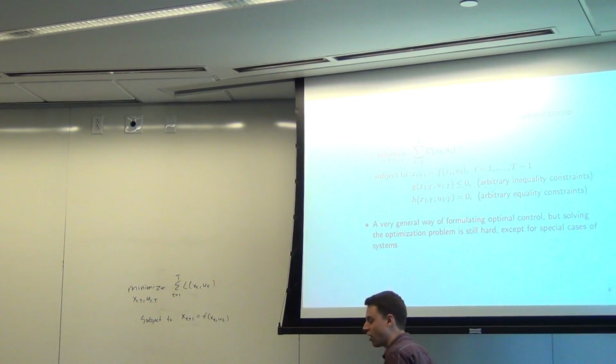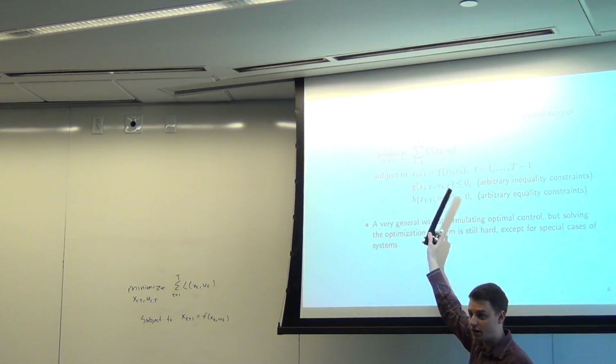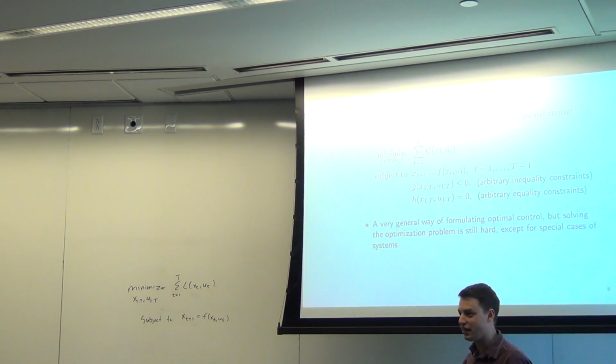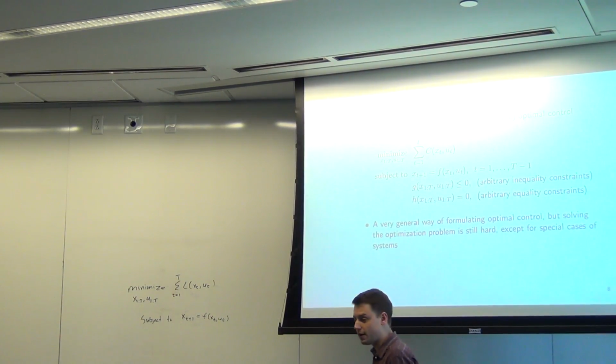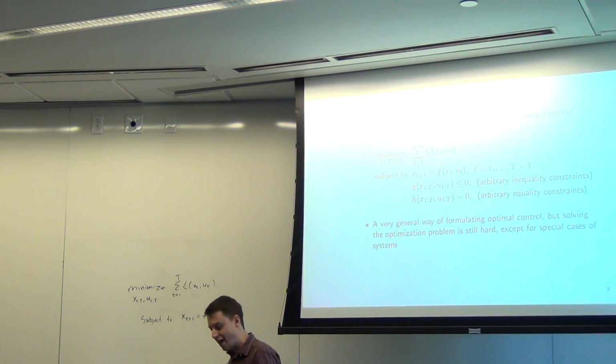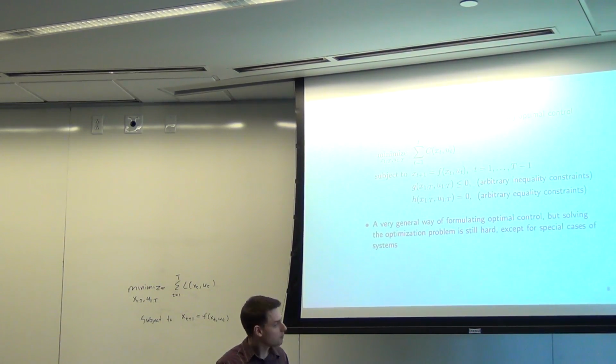Especially if you have things like discontinuities here. These can be extremely hard to solve if the system is nonlinear in certain ways. Similarly, if you have hard, difficult constraints here, like state variables that have to take on value 1 or value 0, those are non-convex constraints, so they're very hard to express sometimes.